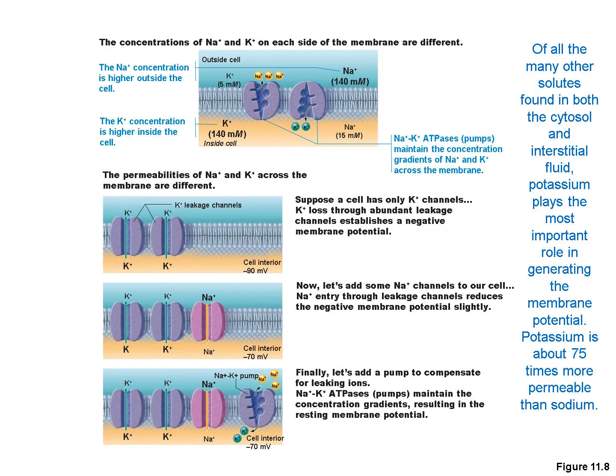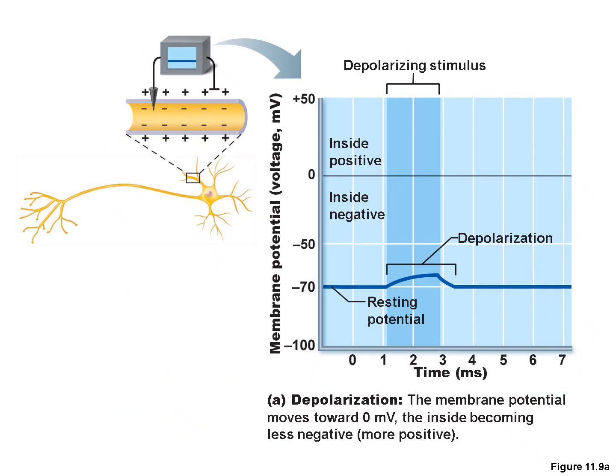Of all the many other solutes found in both the cytosol and interstitial fluid, potassium plays the most important role in generating the membrane potential. Potassium is about 75 times more permeable than sodium. The terms depolarization and hyperpolarization are used to describe membrane potential changes relative to the resting membrane potential.